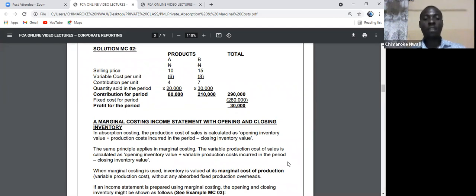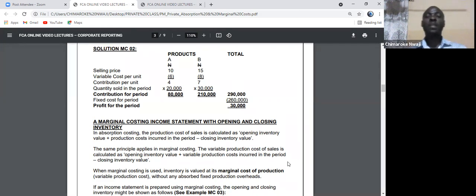We assumed that everything that was produced was sold. That was the assumption we made in those two. But it does not always happen like that. Sometimes there will be opening inventory and closing inventory. It happens in absorption costing. It also happens in marginal costing.